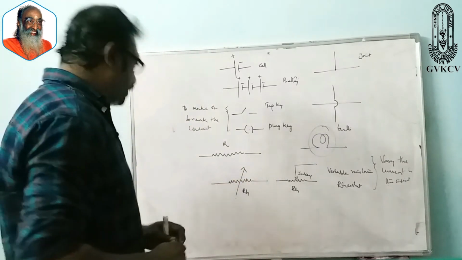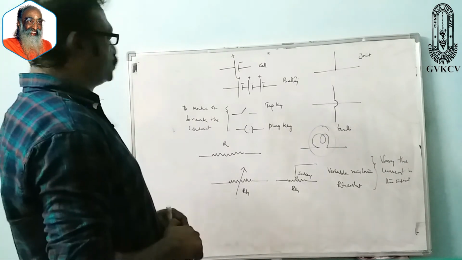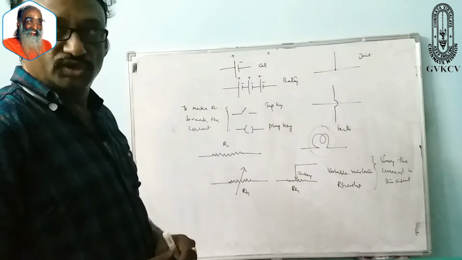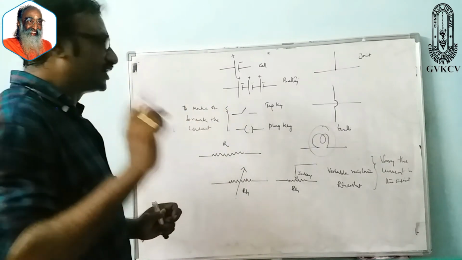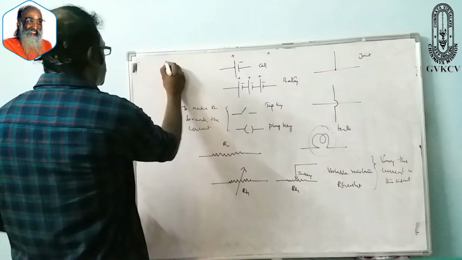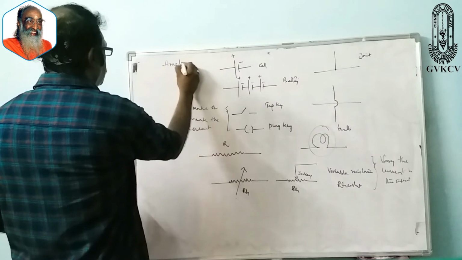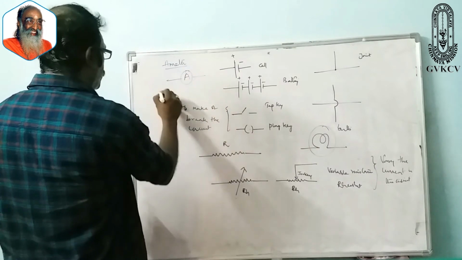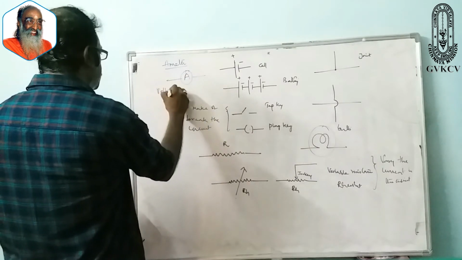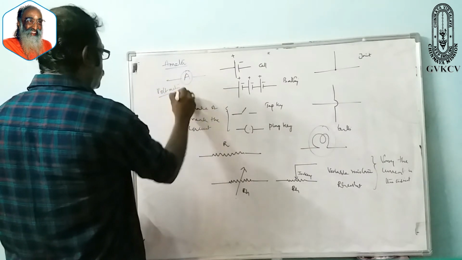And two more devices are used in the circuit. One is to measure the current in the circuit, that is the ammeter. It is denoted like this. Another one is to measure the potential difference between two points. It is the voltmeter.